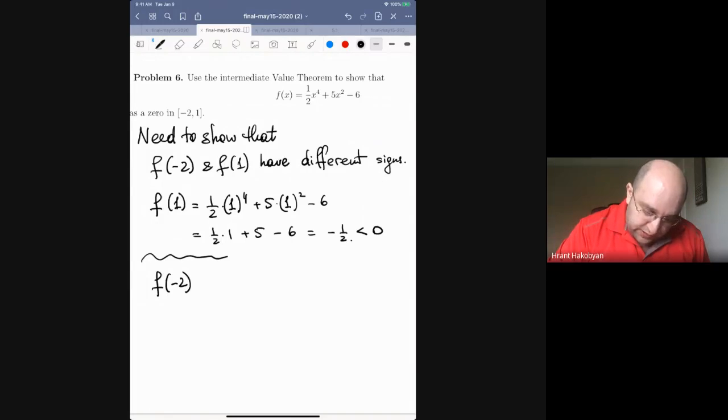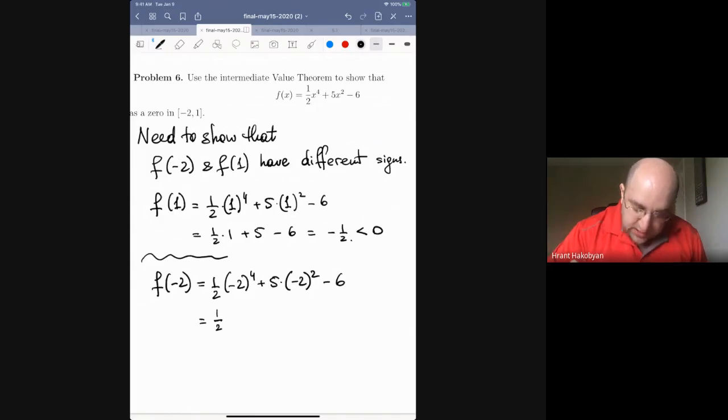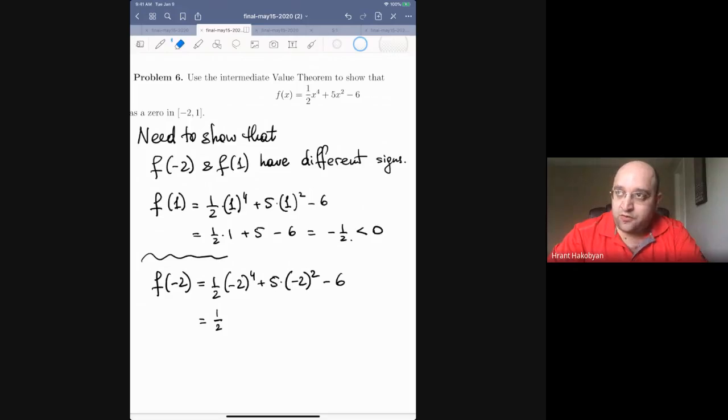So f of -2 is 1/2 times -2 to power 4 plus 5 times -2 to power 2 minus 6. And -2 to power 4 is the same as 2 to power 4 because the power here is an even number. So that's going to be 2 to power 4 is 16, right?